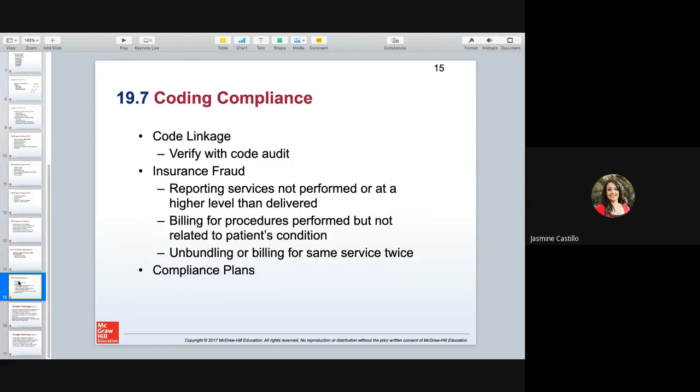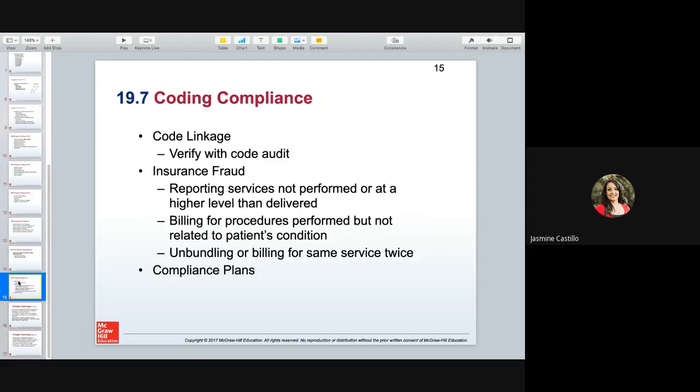So not something that you want to mess around with, not something you want to be involved with either, because even though we don't have licenses that can be taken away from us, just think about if you worked for this doctor's office, it was your first and only job, and it was on the news that this doctor was arrested for insurance fraud, and then you go looking for another job and your only work experience is this doctor who committed insurance fraud, and everybody knows this about this doctor.